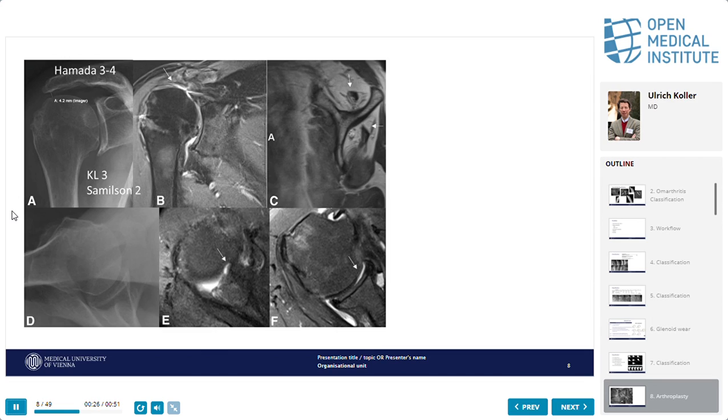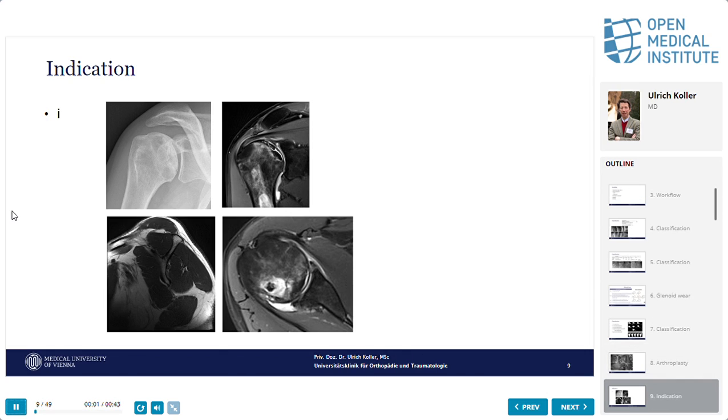Look at the fatty degeneration here of the supraspinatus and also the infraspinatus. Then when you look at the axial view, there is the glenoid, and I think there is no nice glenoid. And here you can judge the cartilage. So these are all very important pieces of information for your procedure. So what are you heading for in this case? What do we have here?